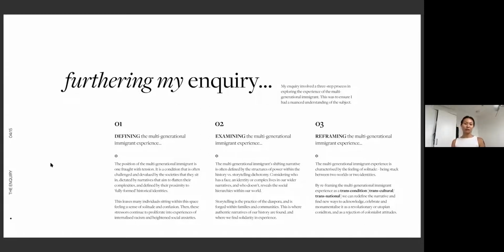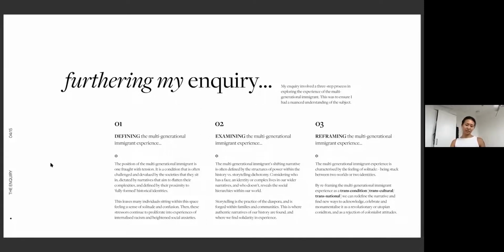They're defined by their proximity to fully formed historical identities rather than being able to exist as their own thing. This leaves many individuals feeling a sense of solitude or confusion, and those stresses can proliferate and manifest into internalized racism or heightened social anxieties, etc.